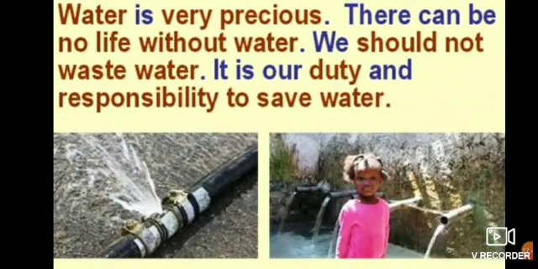What we have studied from this lesson is that water is very precious for life. There can be no life without water. If there is no water, no life. So we are not supposed to waste water, and it is our duty, right and responsibility to save water.